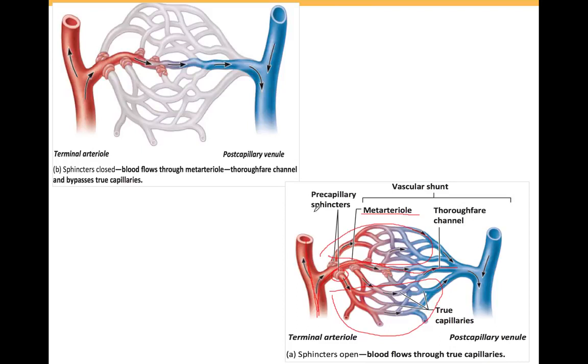Now, let's say you are dealing with a situation such as a fight or flight response. When you are placed under a significant amount of pressure, you need to respond and you need to send a lot of blood directly to your skeletal muscle that enables you to, let's say, run away from a situation.